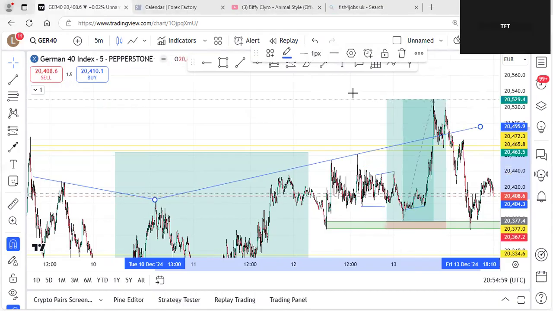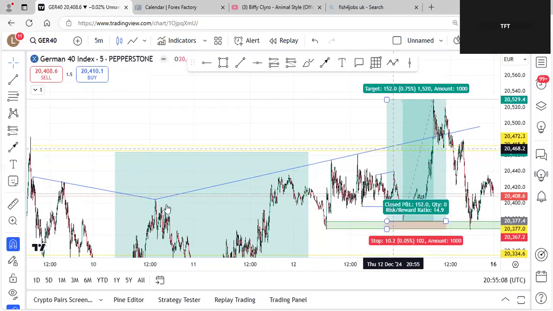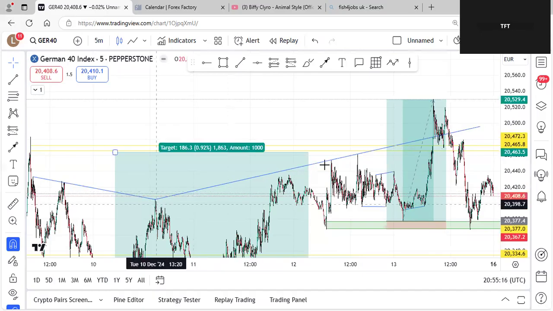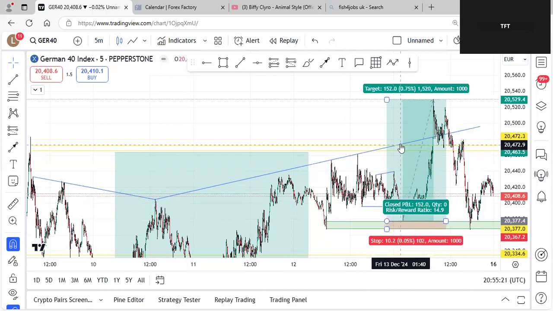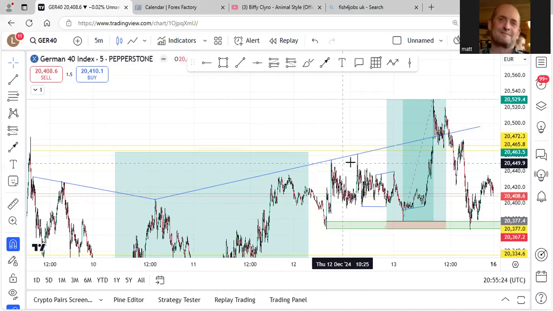The way I view it is we've got three touches here. This is liquidity, so equal highs, equal lows, and trend lines, whichever way they're facing. The super obvious ones like this one are super clean. People would see this and go, oh, this is a strong resistance or support.